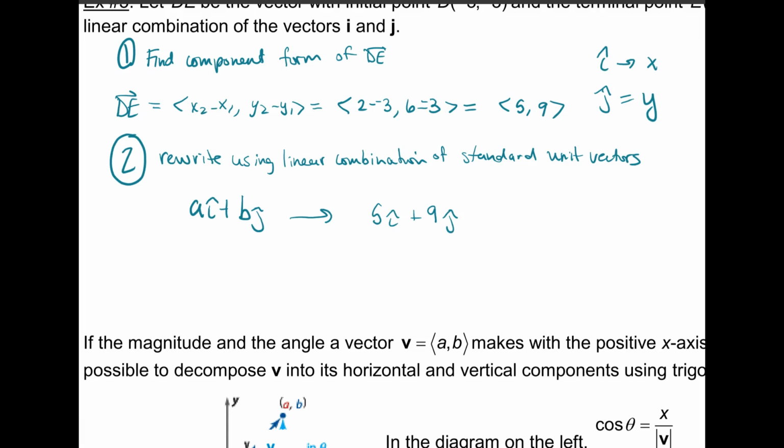So I can rewrite vector DE as literally 5i plus 9j.